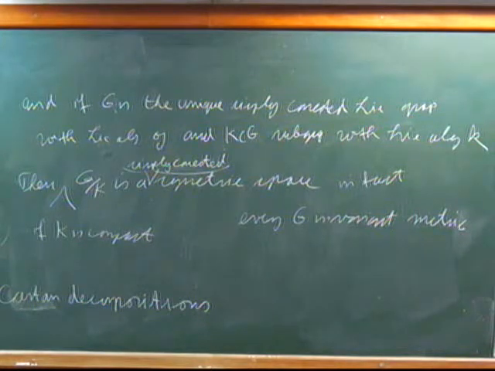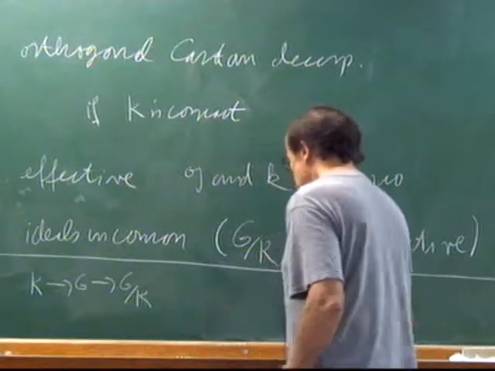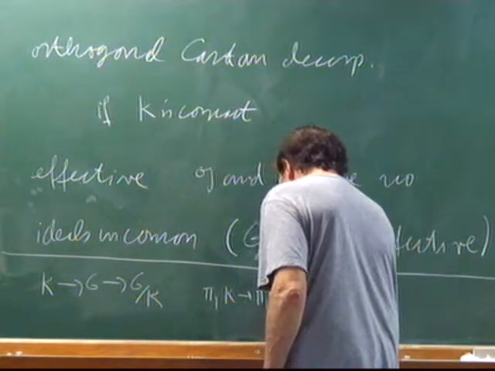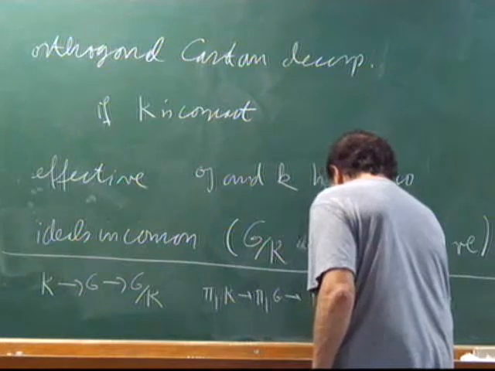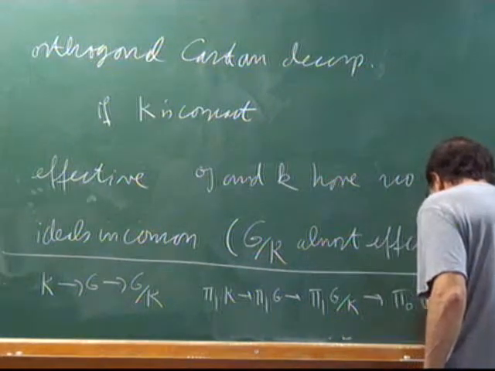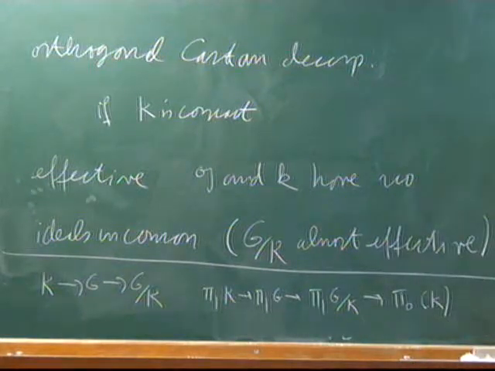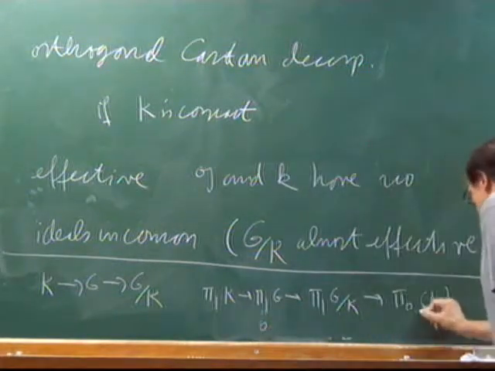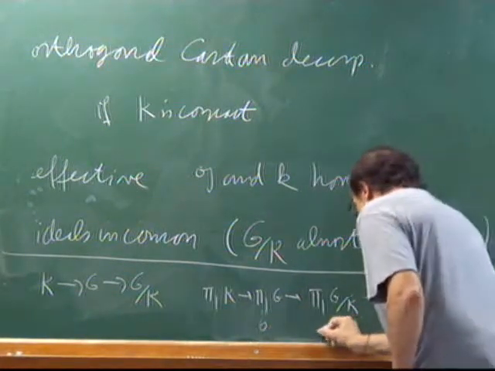Well, let's remember, we have a fibration from G to G mod K. Then I have a long homotopy sequence. That's an exact sequence. G is simply connected, so this one here is 0. K is connected, so this one is 0. So therefore this one's equal to 0 also.